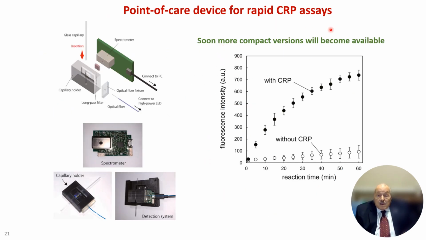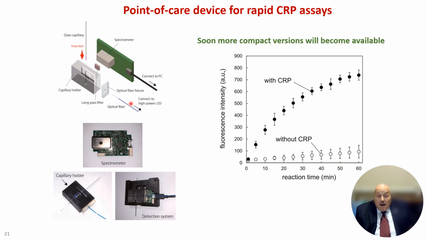And a point-of-care device has already been published for rapid CRP. Right now, I think, compared to what's going to happen in the future, it's maybe a little bit complex, but it reacts very well to CRP with a rapid reaction time. And if the sample is injected, there's an enzymatic reaction that goes on with the sample.